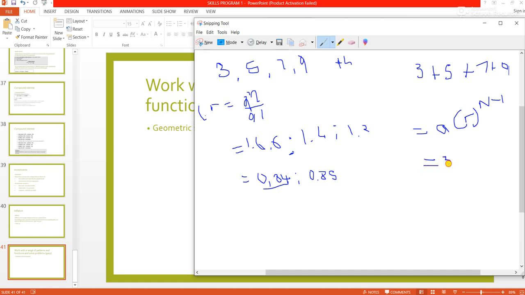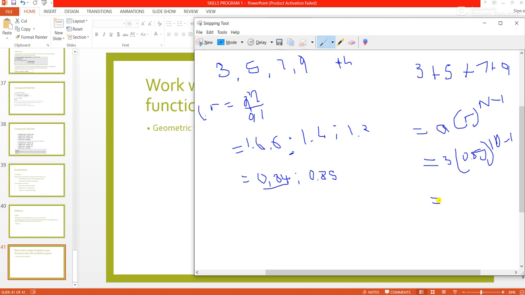The first term is 3. The common ratio that we have is 0.85. We will be seeking the 10th term, so n is 10, and the power is 10 minus 1.